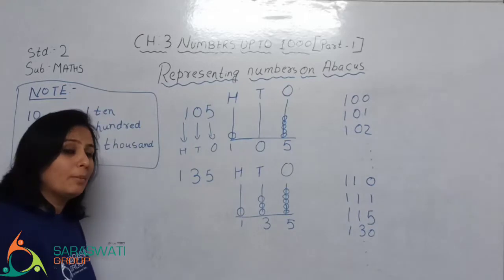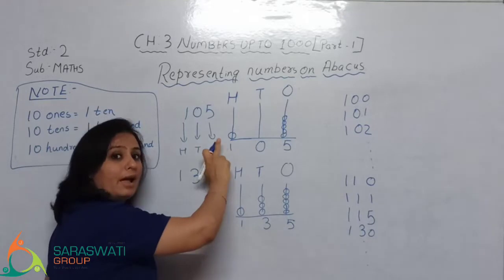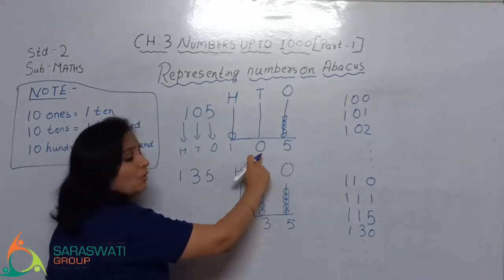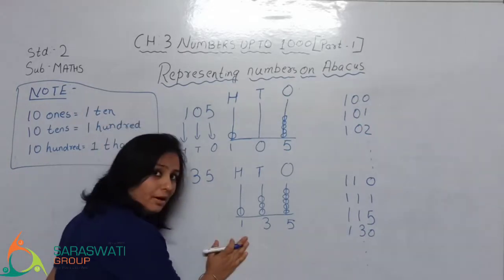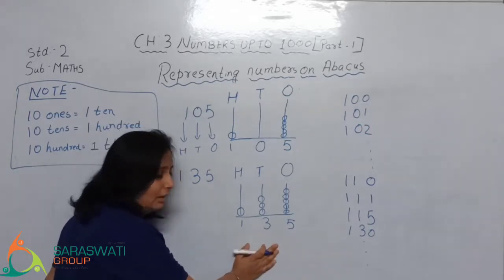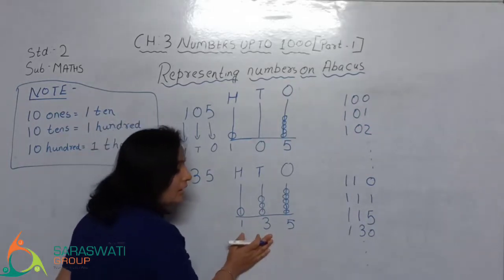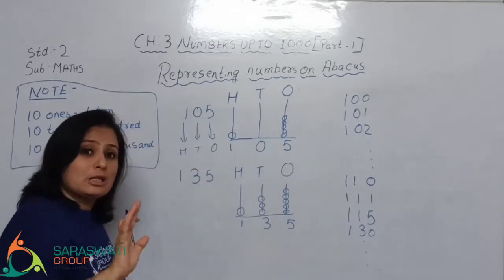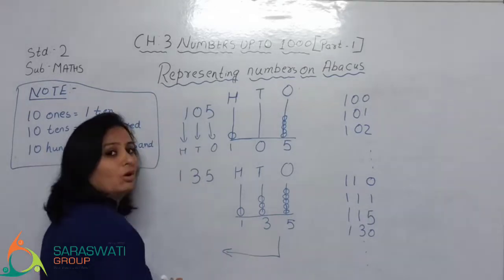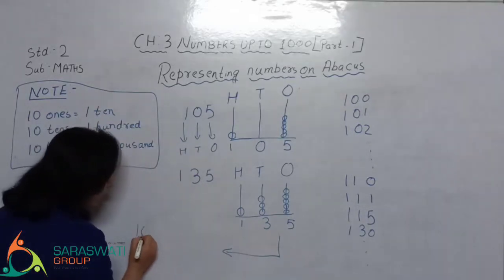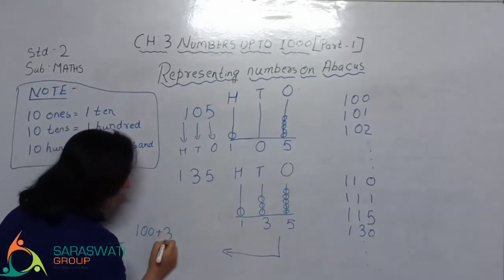So now what is the total? 135. अब क्या बोला मैंने? 135 और यहाँ पे क्या बोला था? 105, because there was nothing over here. So इसमें तो यहाँ पे है, तो ये क्या हुआ 100, 3 tens means 30 and 5 ones means 5. So 135. अगर मैं इसको expand करती हूँ, last year you have learned expansion. अगर मैं इसको expand करती हूँ तो ये मैं कैसे लिखूंगी 100 plus 3 tens means 30, right?